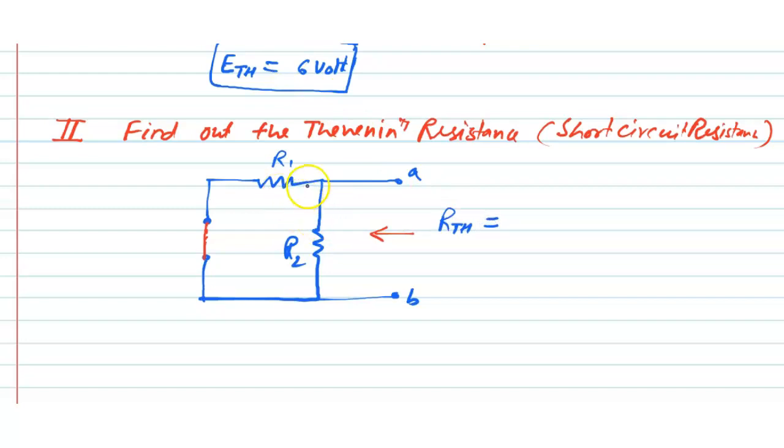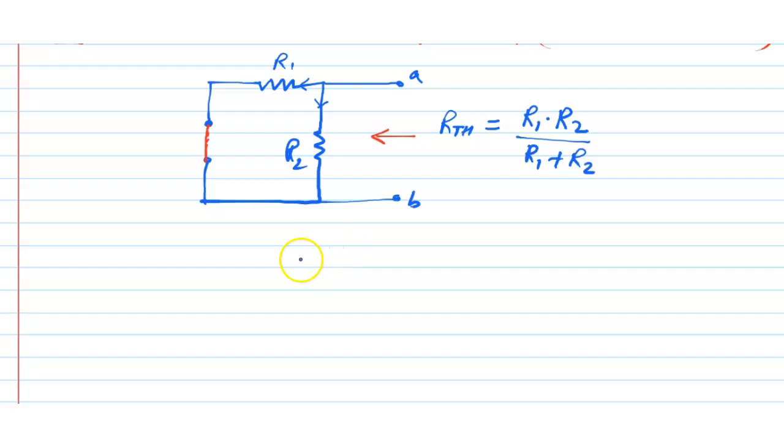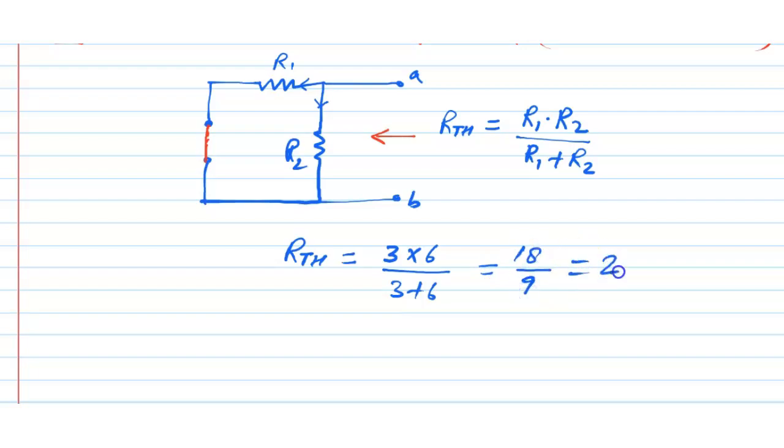These two resistances are in parallel, because the current flows from A through these two, so RTH will be R1 R2 divided by R1 plus R2. Put the values of R1 and R2: RTH is 3 into 6 divided by 3 plus 6, that is 18 divided by 9, which is 2 ohm. So RTH is equal to 2 ohm.